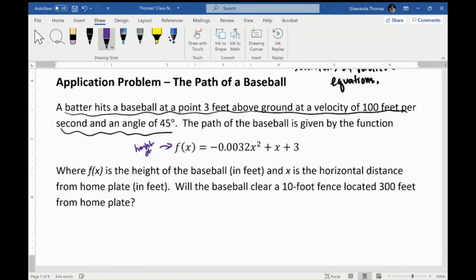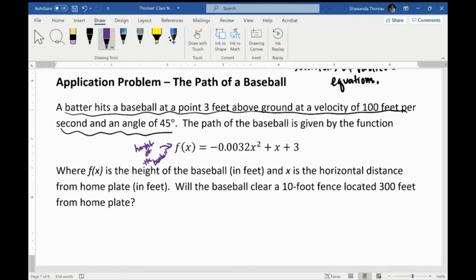Usually what we really want to know is what is x and what is y. The height of the baseball, and as y'all learned already, f of x is the same thing as y. And x is the horizontal distance from home plate in feet. What is x?